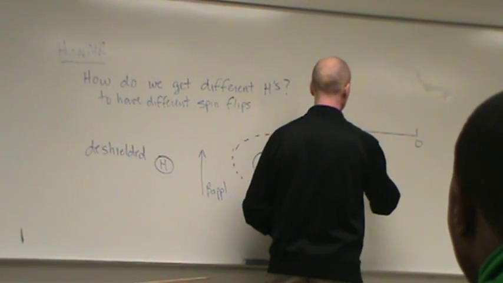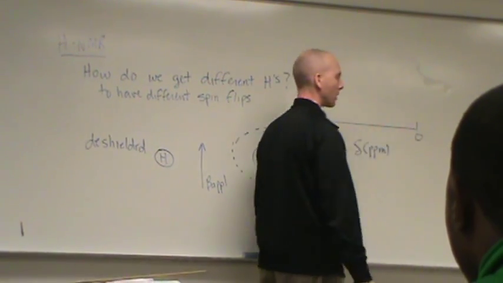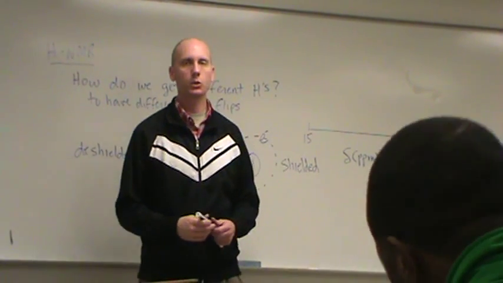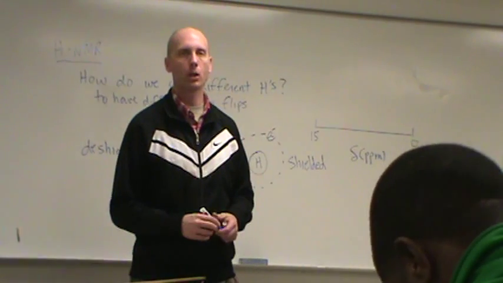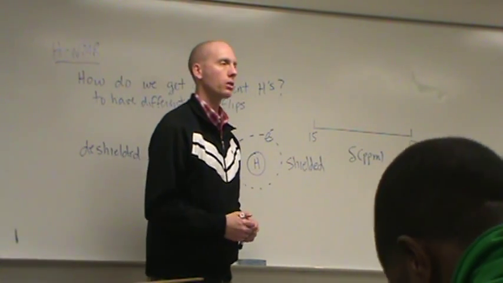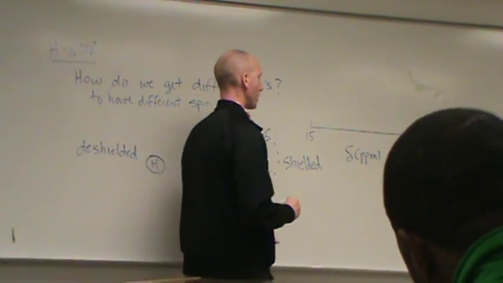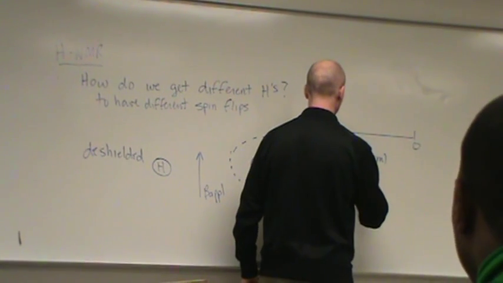And these numbers are called delta numbers, measured in parts per million. And we won't call them delta as much as we will call them chemical shifts.